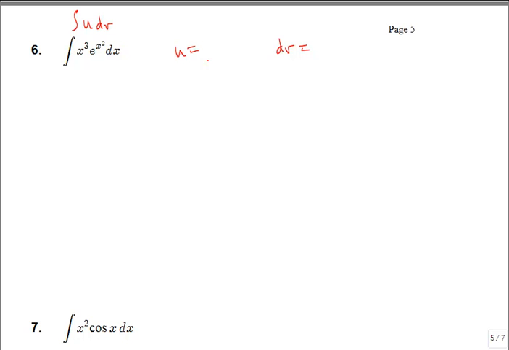Another thing to think about is your e to the x squared. If you let your u be the x cubed, then that would force you to let your dv be this e to the x squared dx. Do you know how to integrate e to the x squared dx? That is e to the stuff, right? And the only way we know how to integrate e to the stuff is if you also have present in that integral stuff prime.